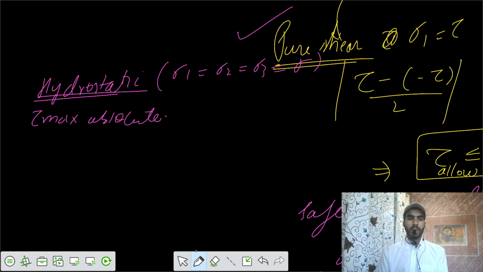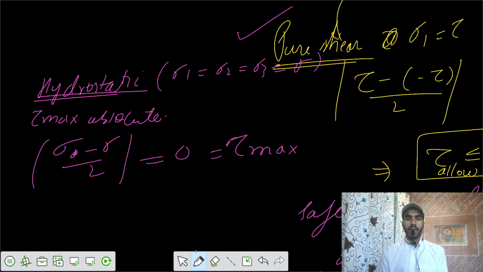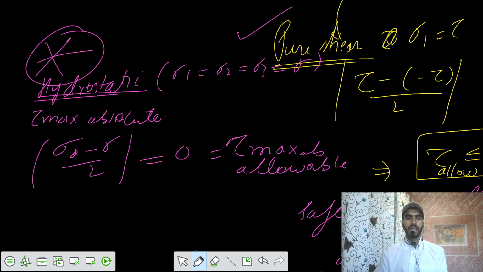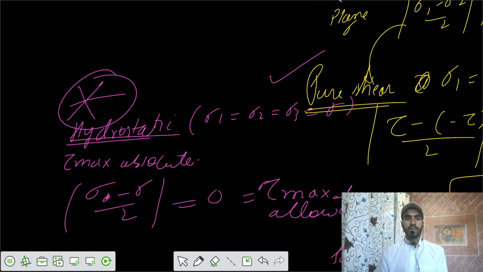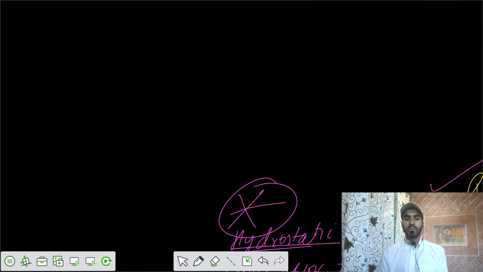So you write tau max absolute is sigma 1 minus sigma 2 divided by 2, that is equal to 0. So it says that tau max absolute equals 0. That means tau max allowable equals 0. So it's not a good sign, it says that you don't have to use any shear stress. So tau max is 0. That means it's not suitable for hydrostatic loading.